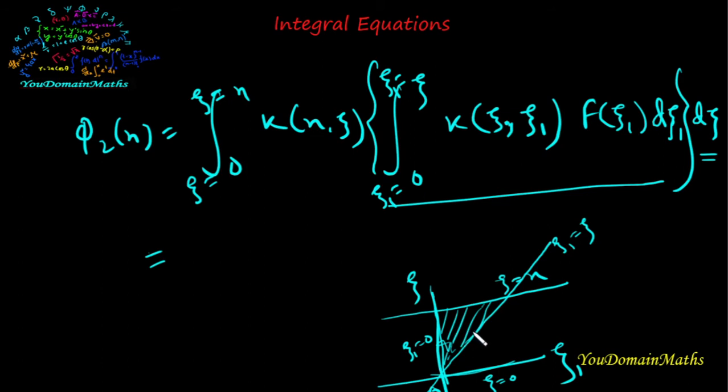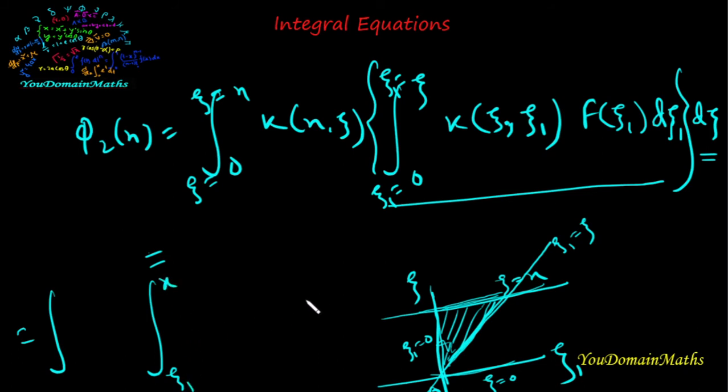If we write the interchanging order of integration, it can be written from 0 to... firstly we integrate with respect to ξ. The limit of ξ: this is the lower limit and this is the upper limit. So the lower limit of ξ is ξ1 and the upper limit is x.